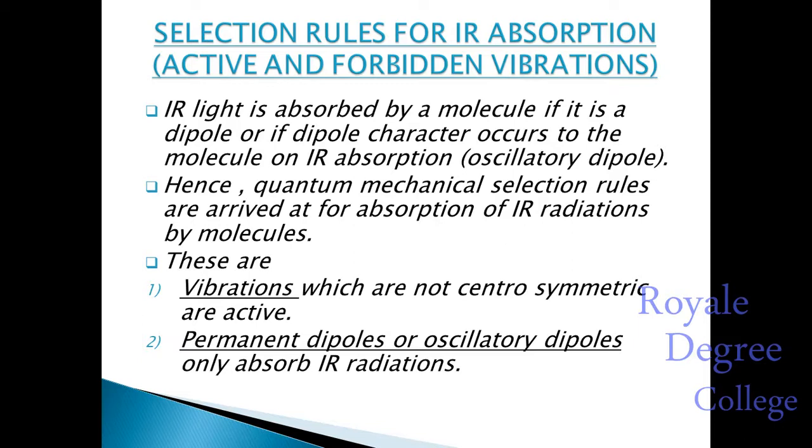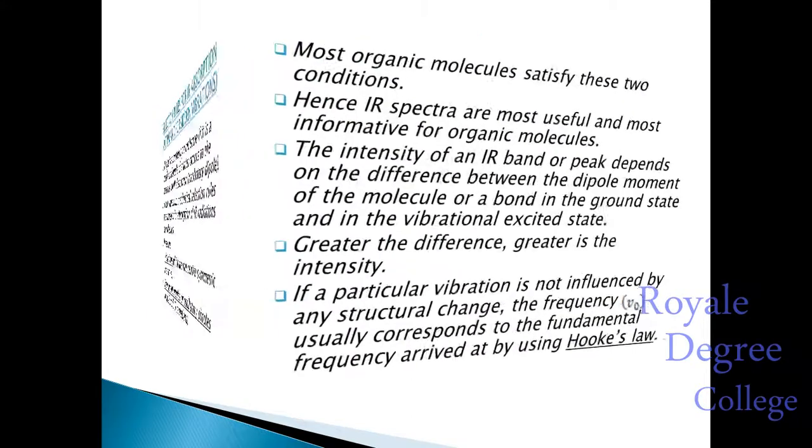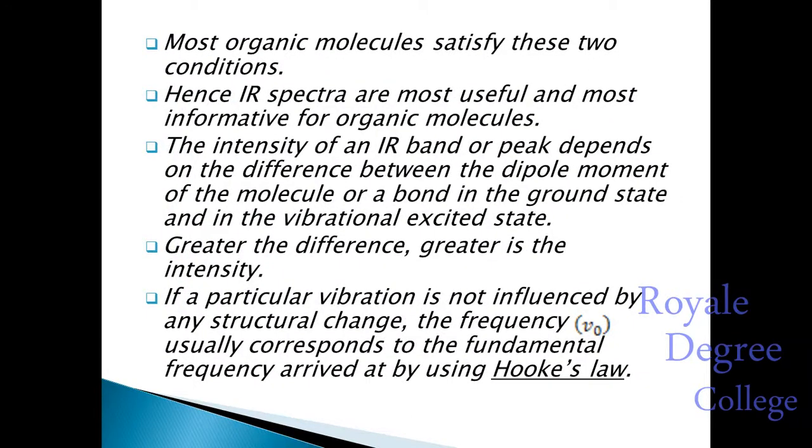These are: first, vibrations which are not centrosymmetric are active, and second, permanent dipoles or oscillatory dipoles only absorb the infrared radiations. Most organic molecules satisfy these two conditions. Hence, infrared spectra are most useful and most informative for organic molecules.